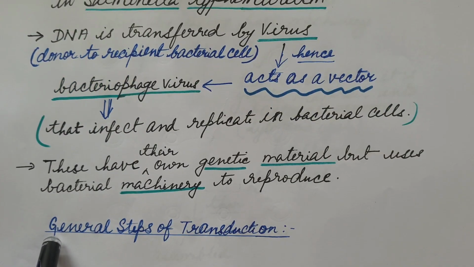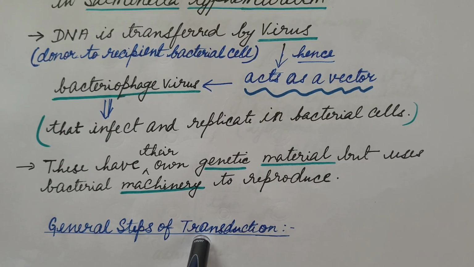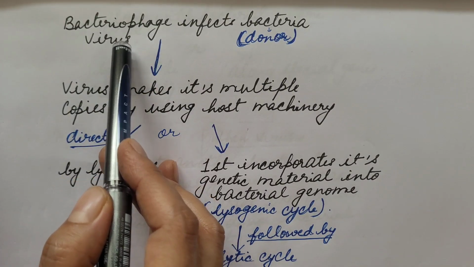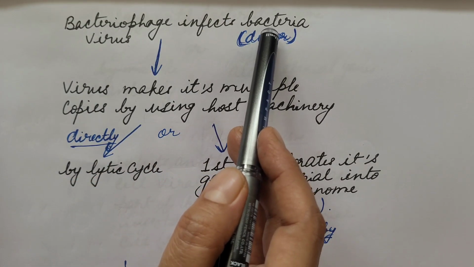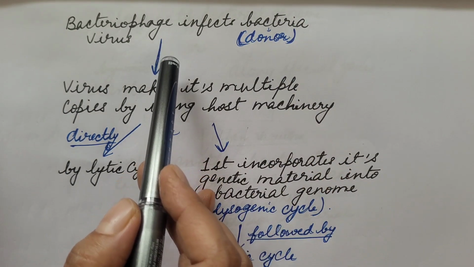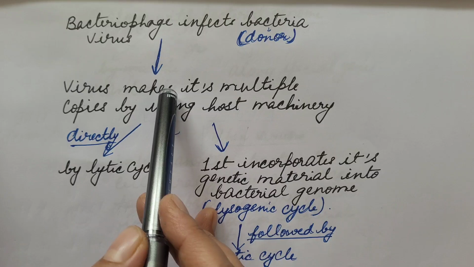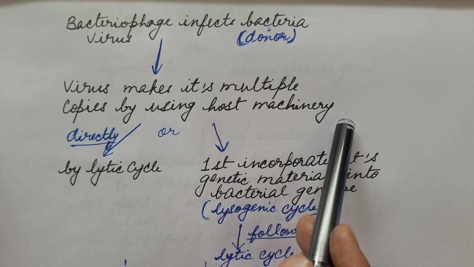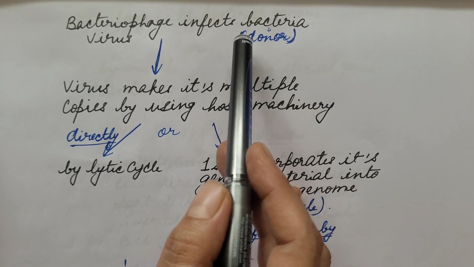Now let us see the general steps that are involved in transduction. So first of all, Bacteriophage virus infects bacteria. Here this bacteria is the donor cell. Then virus injects its genetic material and makes its multiple copies by using host machinery, that is the machinery of bacteria.